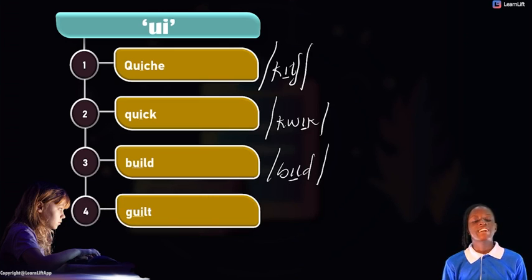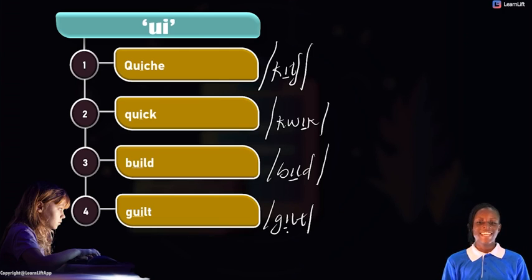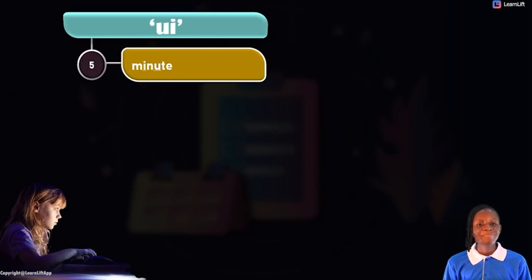Next example we have our guilt. Now using the knowledge of build, let's transcribe guilt together. Now our guilt is transcribed as guilt. So easy, right? Next up we have our minute. Now you should be careful.